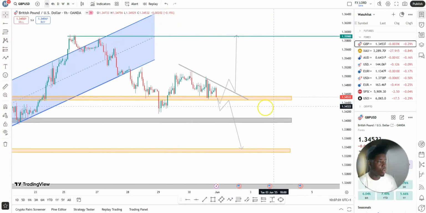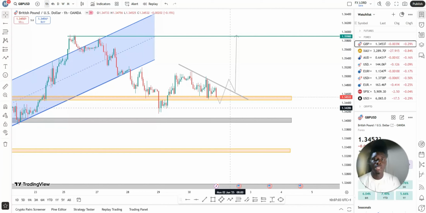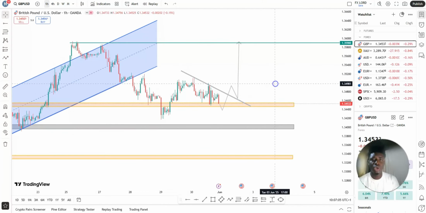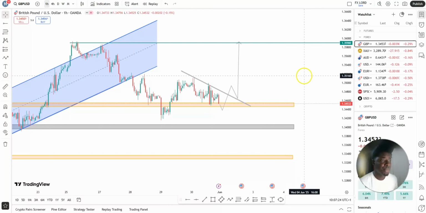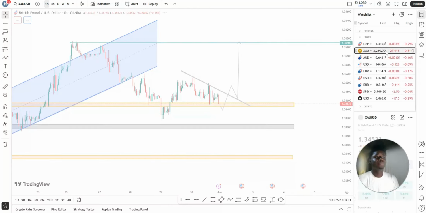All I'm looking out for is a bullish scenario, because GBPUSD right now is still on a very bullish trend, and nothing is going to bring down this structure anytime soon. So we are very much on a bullish trend, and we are looking for buy entries. So this is my bullish scenario on GBPUSD.